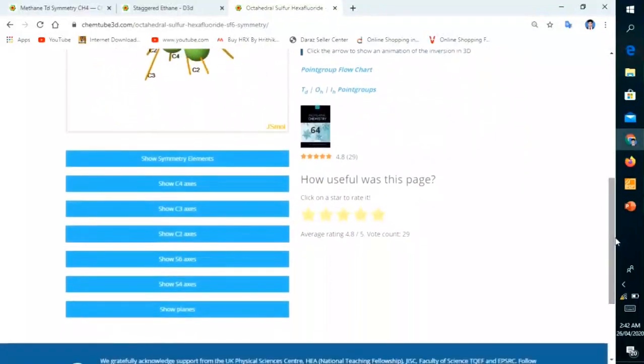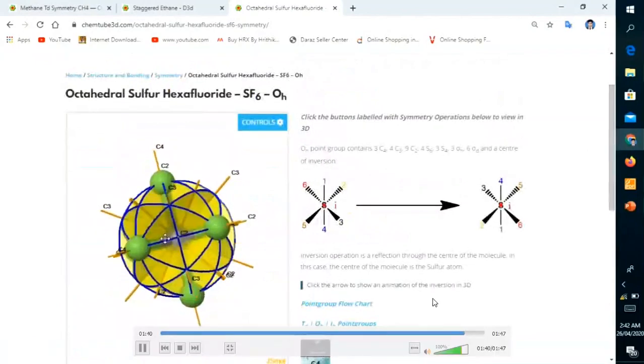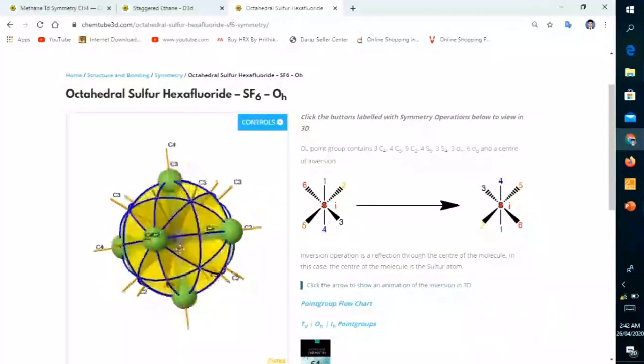There are 9 planes of symmetry present in the SF6 molecule, as you can see in this 3D diagram showing all symmetry elements.